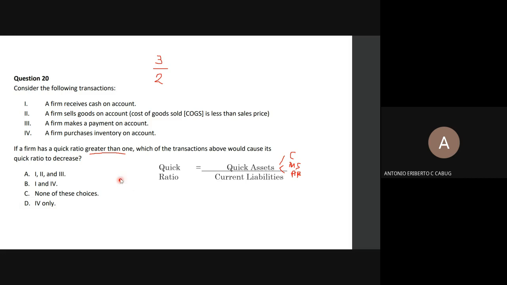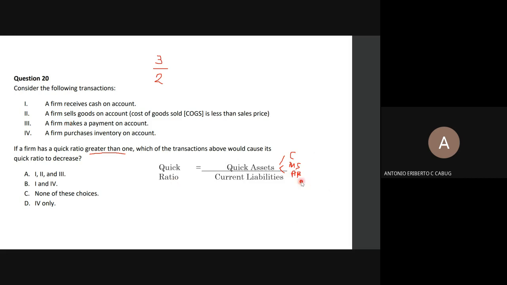So, number 1, a firm receives cash on account. Your AR becomes cash. No effect ito sa ating quick ratio. Two, a firm sells goods on account. COGS is less than the sales price. So by selling goods, you lose inventory and gain AR.